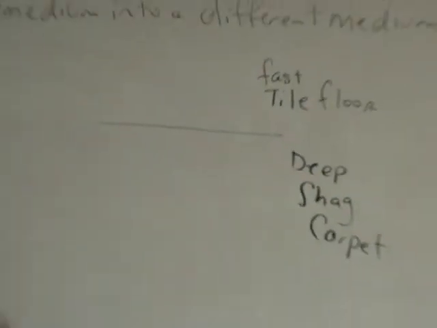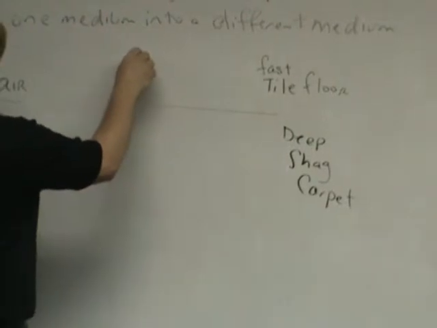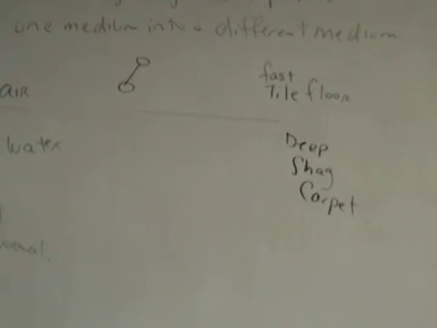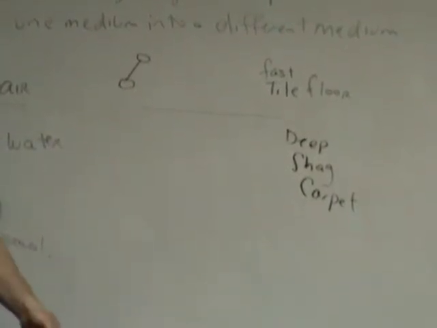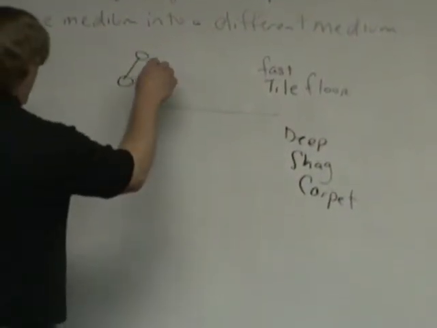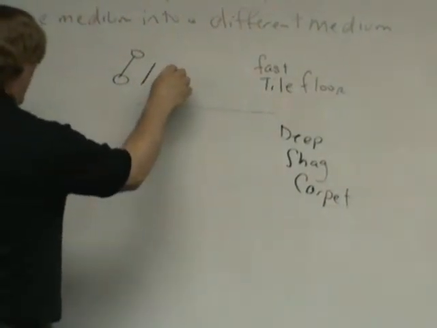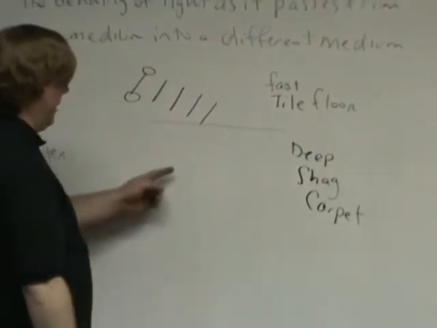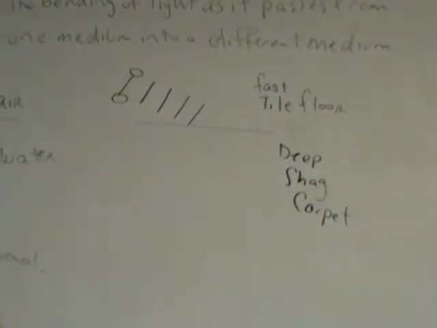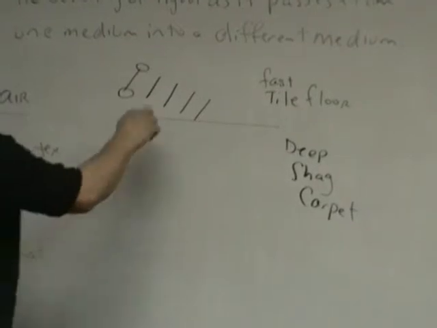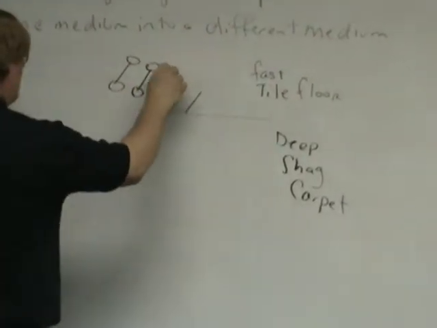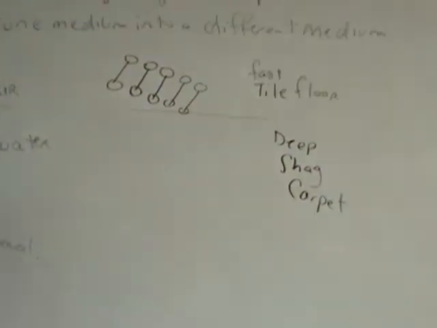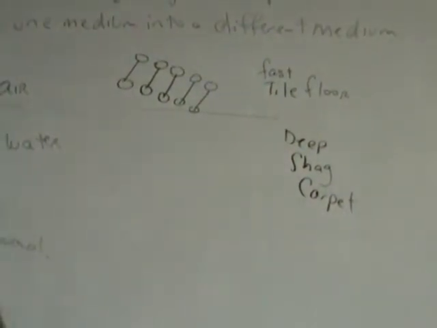And I've got a child's toy that has a single axle, with two wheels and a stick attached. And so this single axle toy is coming towards the boundary of the fast tile floor and the deep shag carpet.